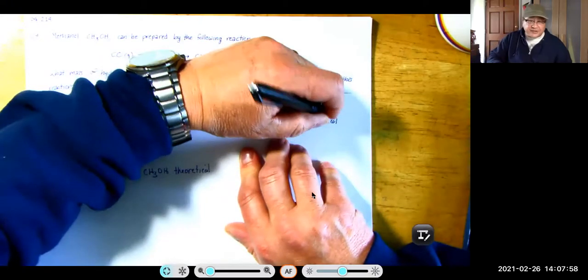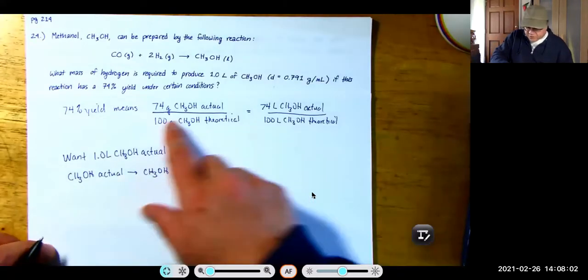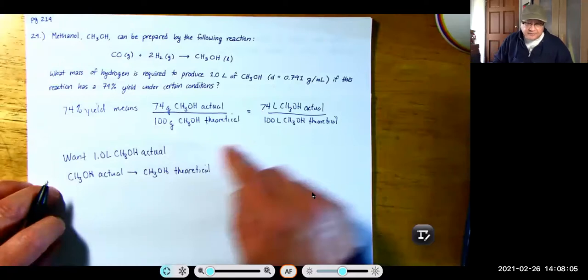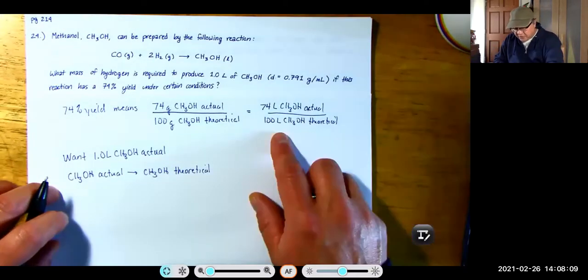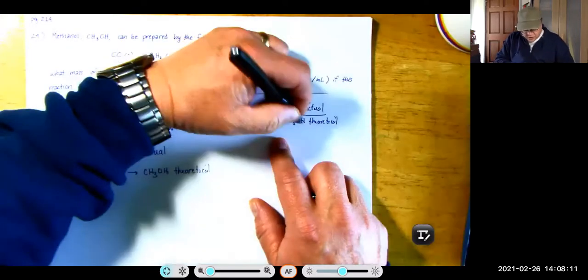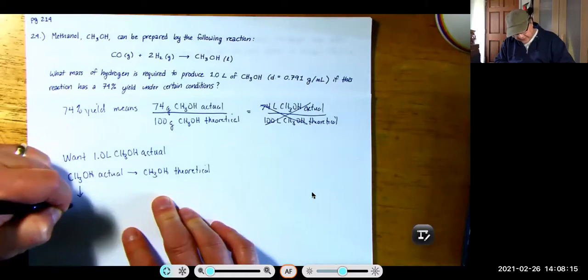So we could use this. This 74% could be in grams or liters. But let's pretend we don't know this. And that means we're going to have to convert this to CH3OH.